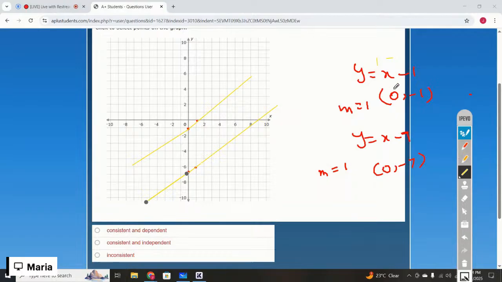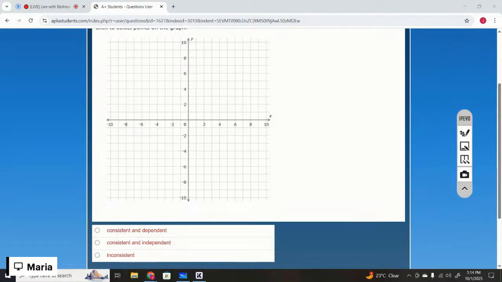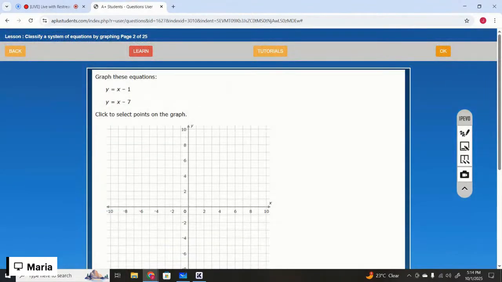Option number two is the correct option because the lines are parallel, so the system is inconsistent. So option number three is the correct option.